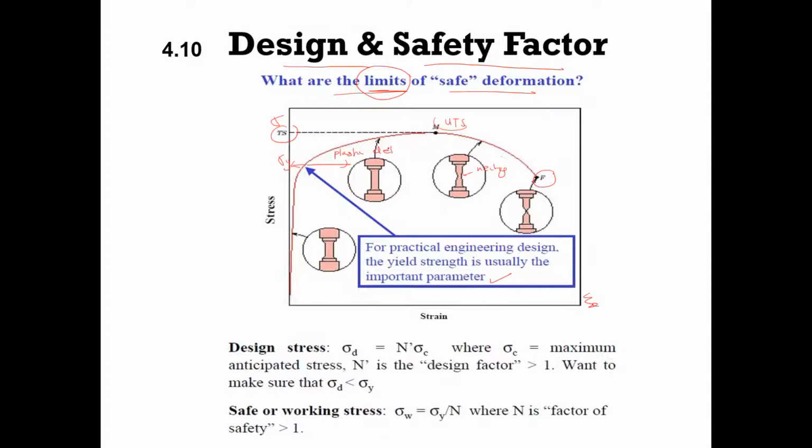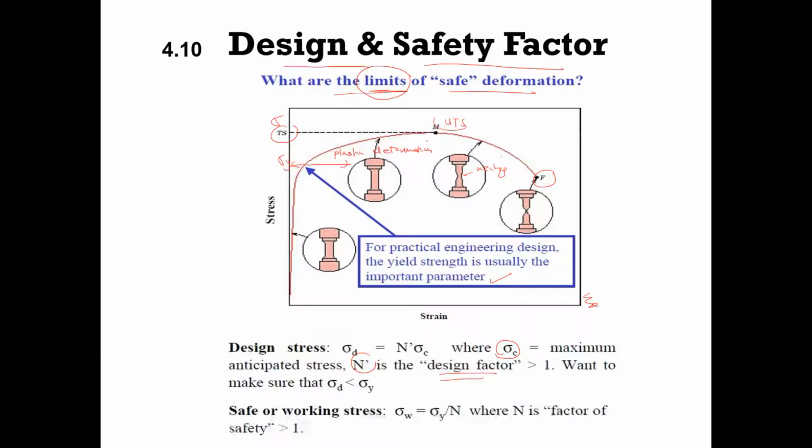So here the design stress, sigma D, is equal to N prime sigma C, where sigma C is the maximum anticipated stress, and N prime is the design factor, which is larger than 1.